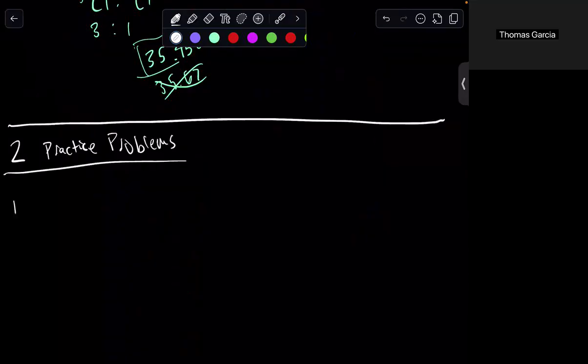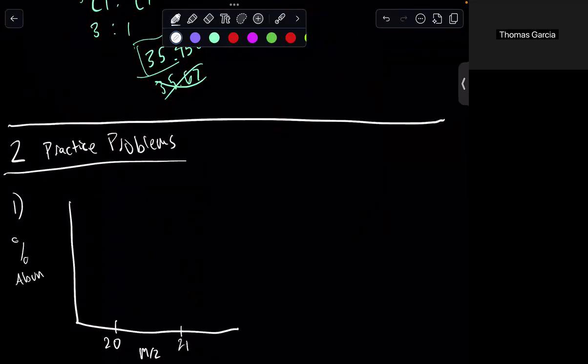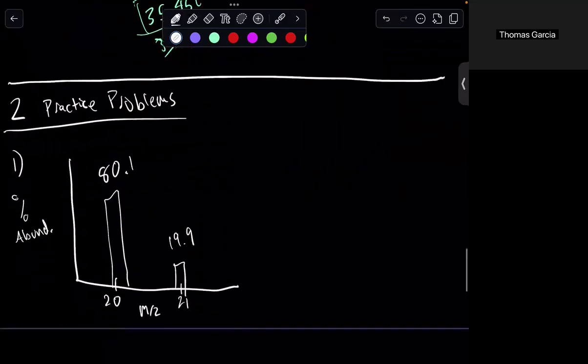So starting with number one, given a diagram, and I'm going to make this one super rough, at 20 and 21 m/z and percent abundance. Like I said, super rough. We have a percent of 80.1 and a percent of 19.9.